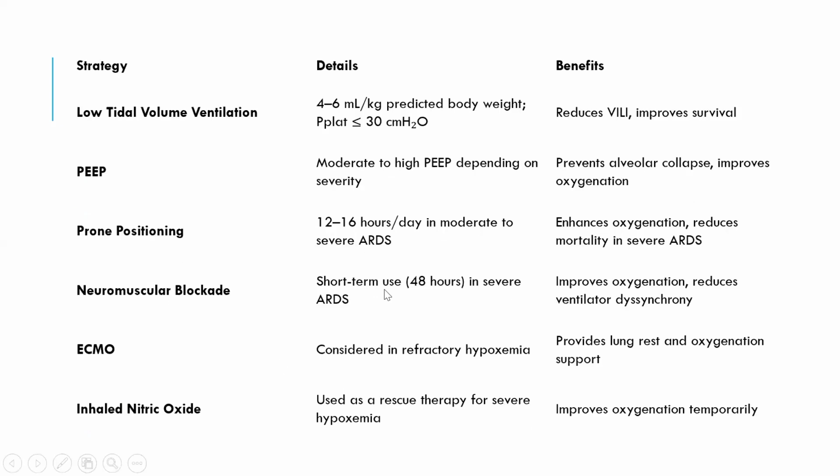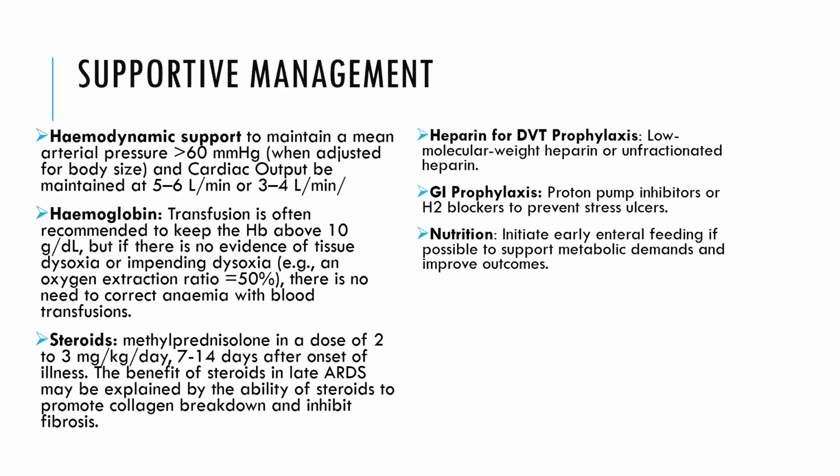All right, so this is just a table detailing the ventilatory support strategies for patients with ARDS. Don't forget supportive management is crucial. Hemodynamic support: you want to maintain your MAP above 60.